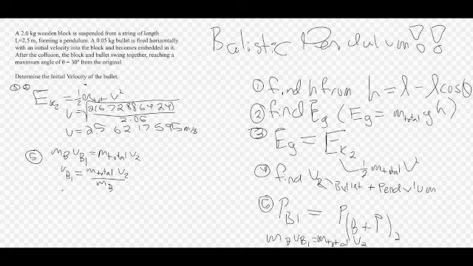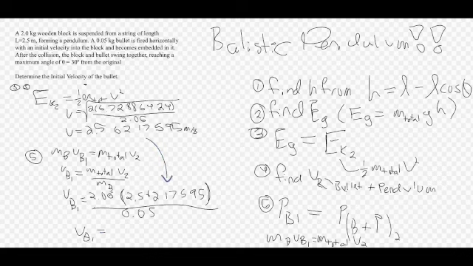From here, we can then sub in the numbers. Here I've subbed in each variable. So we have total mass, which is the block plus the bullet, and the V2 here, which is the velocity of the second situation.